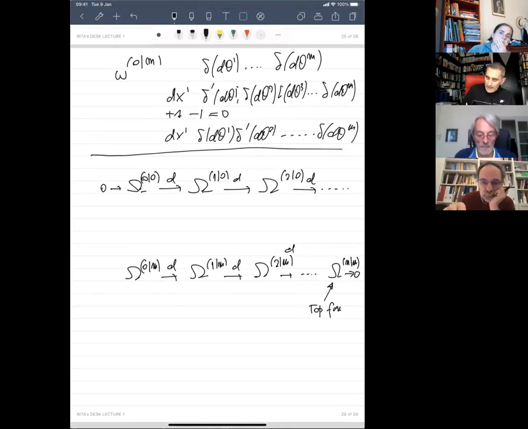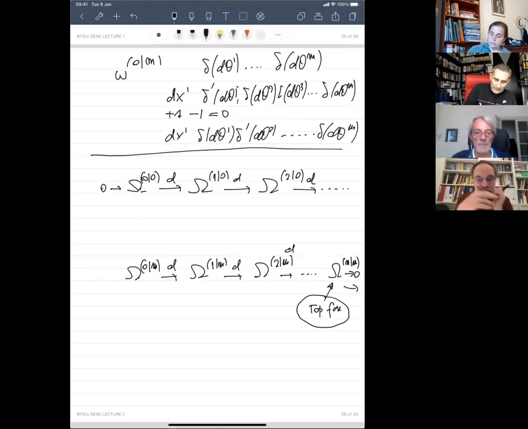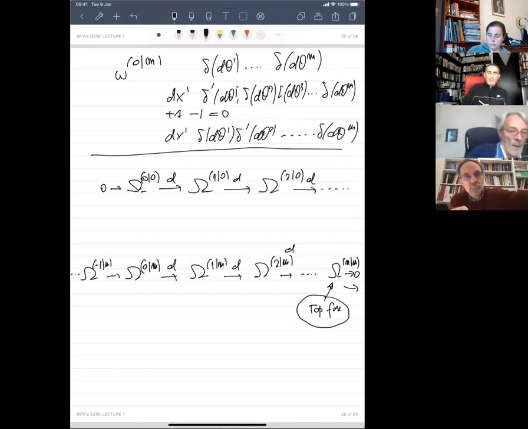Then look at this space here, omega n|m. This represents the top form, and therefore when I compute the differential of the top form, I automatically get 0. However, I have to remember that I also have negative form numbers, so I can go negative here, and also I can go negative in these directions.